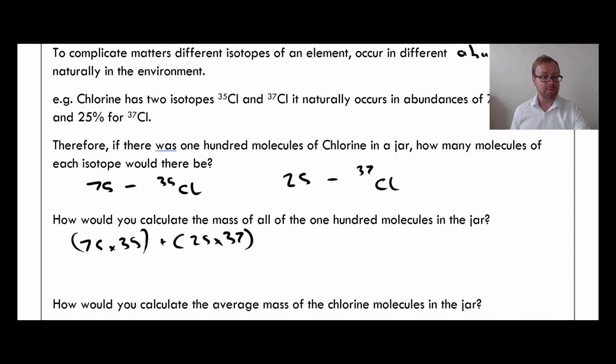So I've taken the amount, I've multiplied it by the mass number, and I've taken this amount and multiplied it by the mass number, which gives us a value of, we have to do the calculation, 75 times 35 plus 25 times 37 equals, well, I could have worked that out in my head, 3,550.